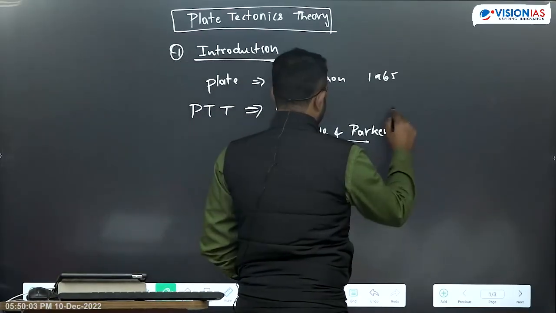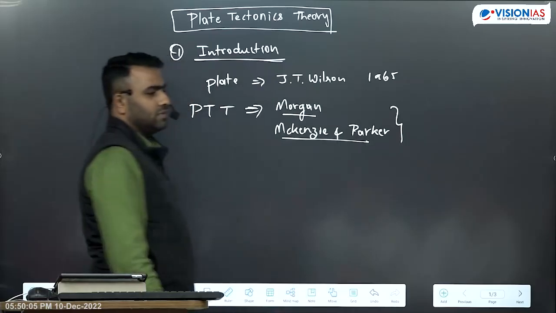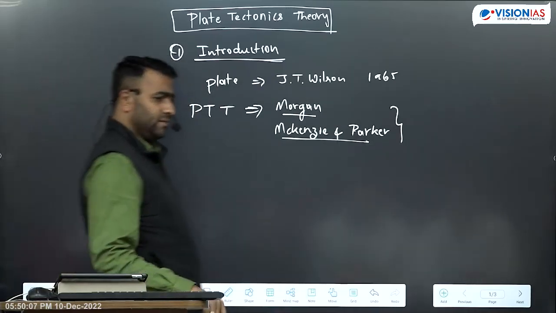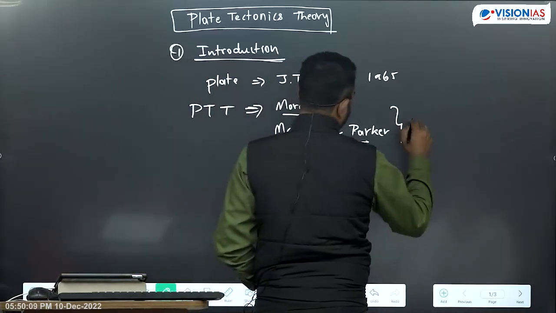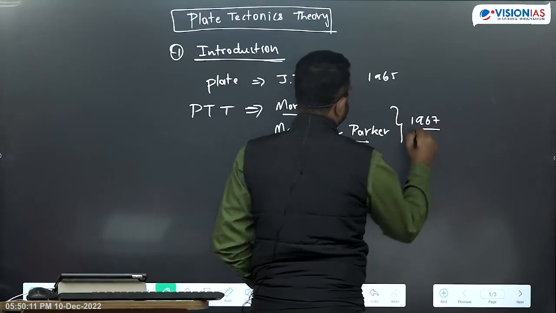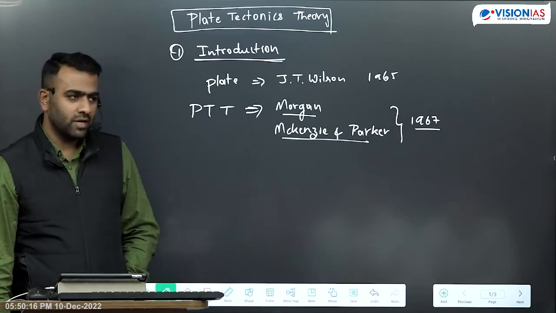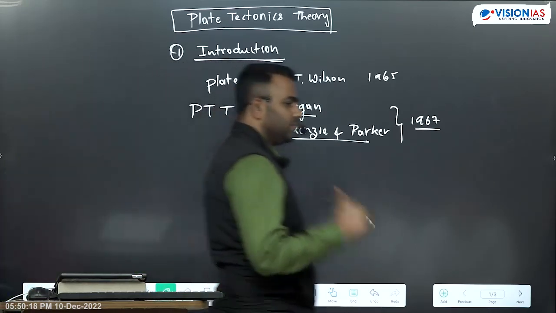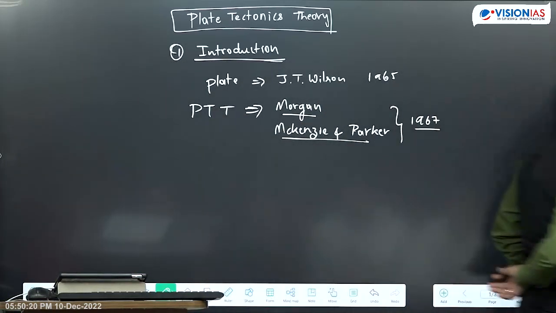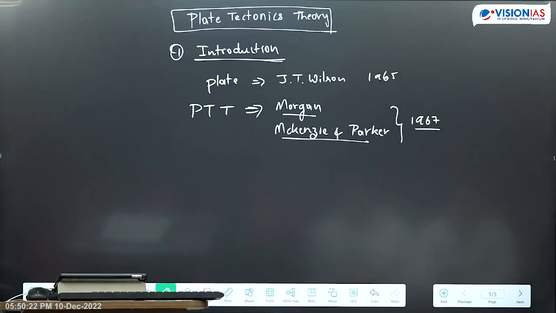So that's why we attribute the theory to all three persons; we say it is theirs. It was in 1967. Who are they? Morgan, Mackenzie and Parker. These were the persons who proposed the plate tectonics theory.